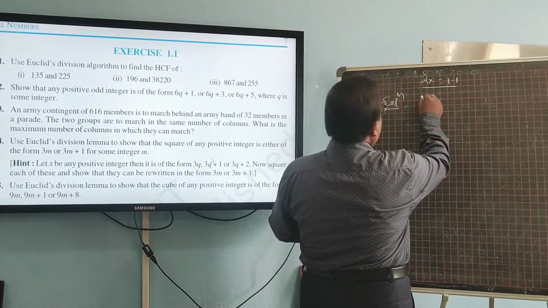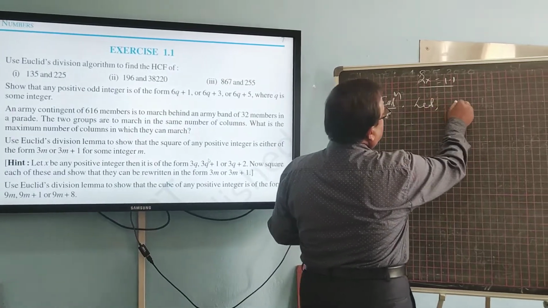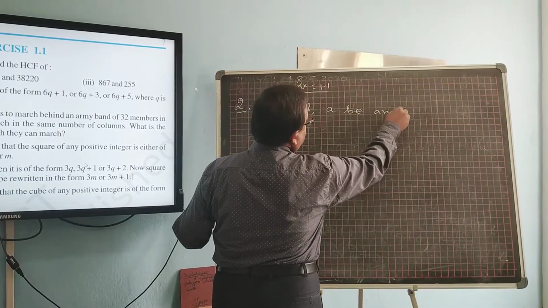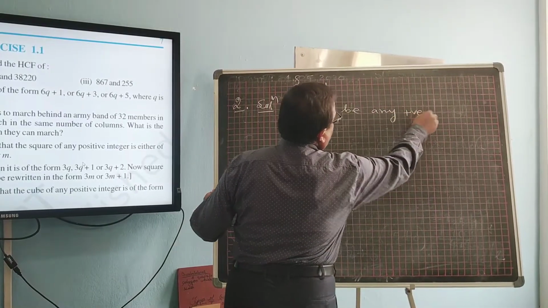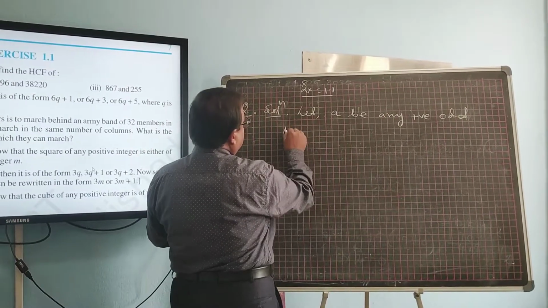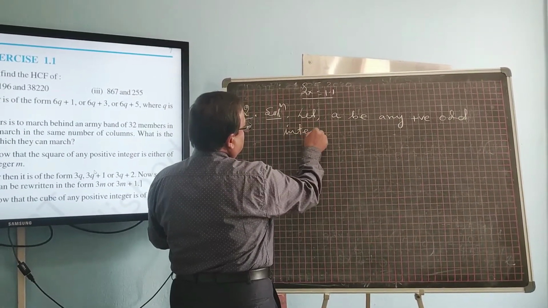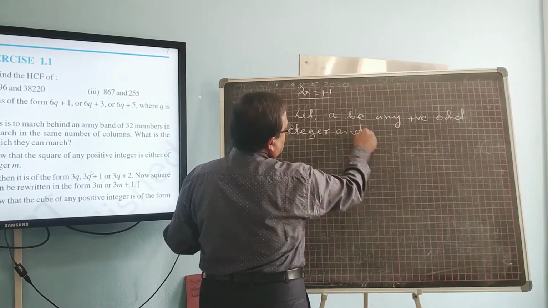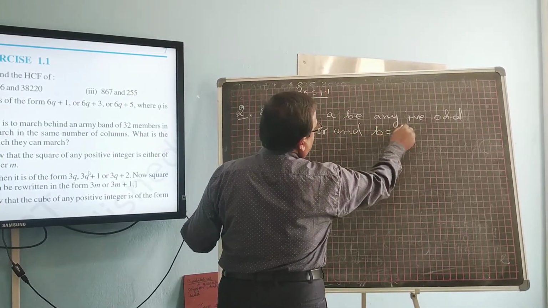Let a be any positive odd integer and b equal to 6.